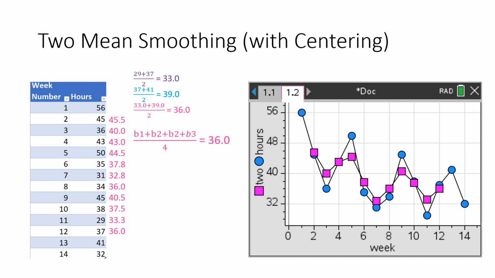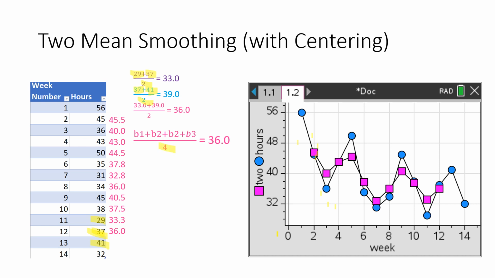Now, if you take these numbers and you have a look at them, you can see that this 37 appears twice. And this is so you can imagine like you're taking a number plus that number twice plus the number at the end there. So that's for this last one, which we're working at 36, we did 29 plus 37 plus 37 plus 41, and we divided it by 2 and then divided by 2 again, which is the same as dividing by 4.